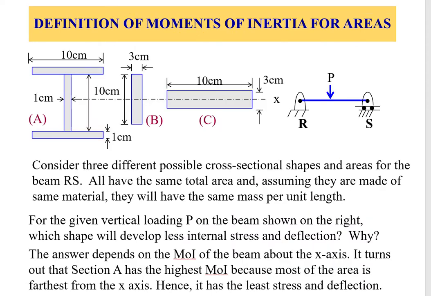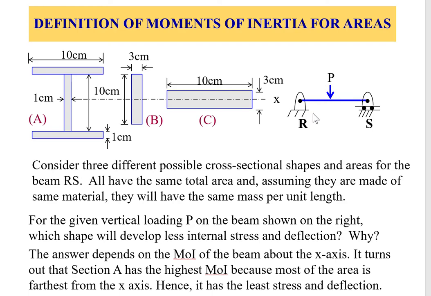Before we start computing the moment of inertia for different cross sections, let's take a simple application and really dig into why it's important to understand the moment of an area, or the second moment of area, as it is commonly called.